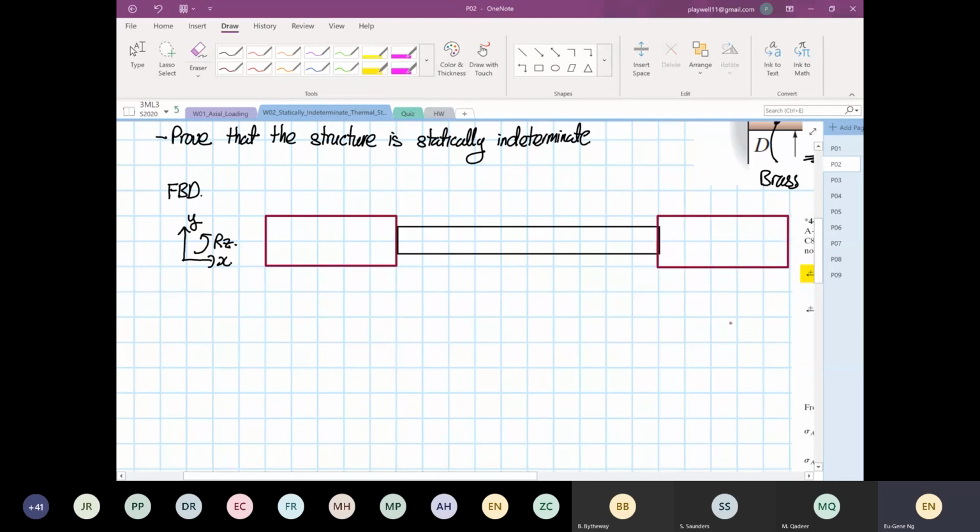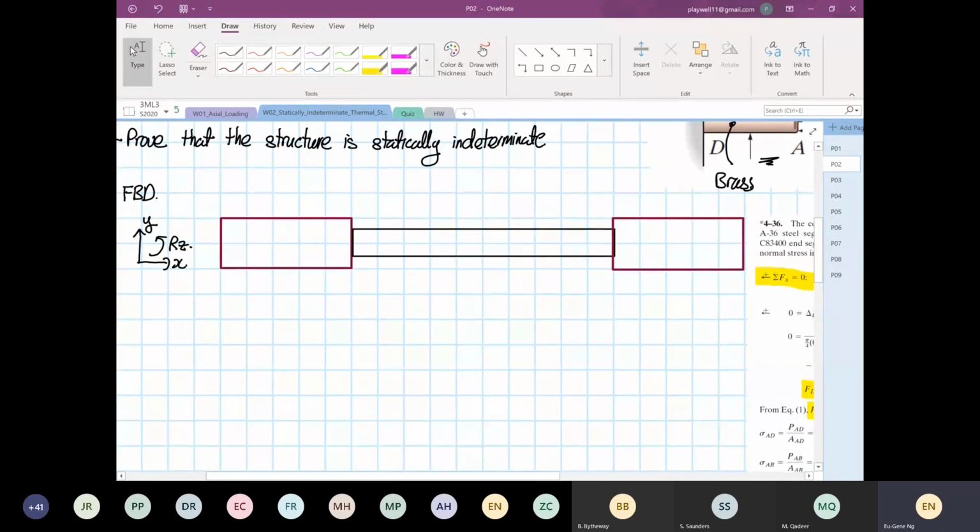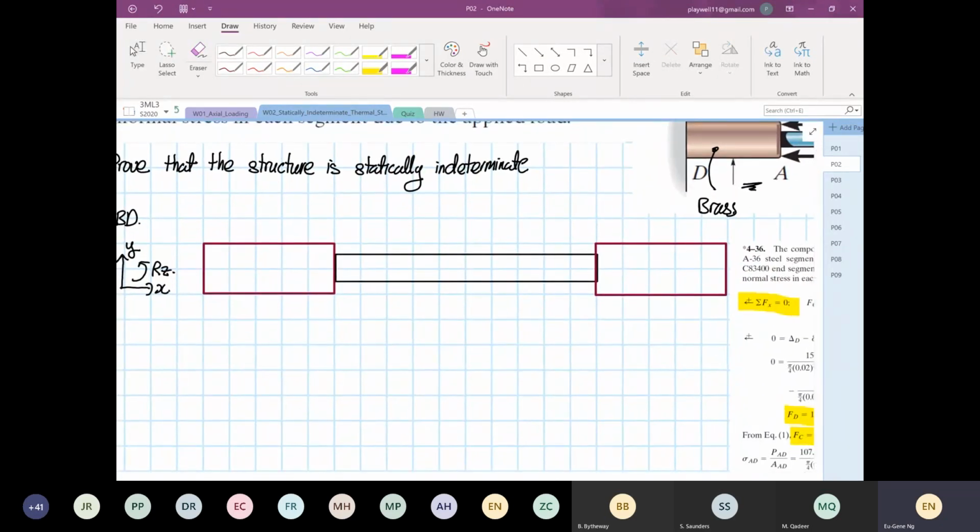So on our free body diagram, this is our point D, our point A, our point B, our point C. Okay.